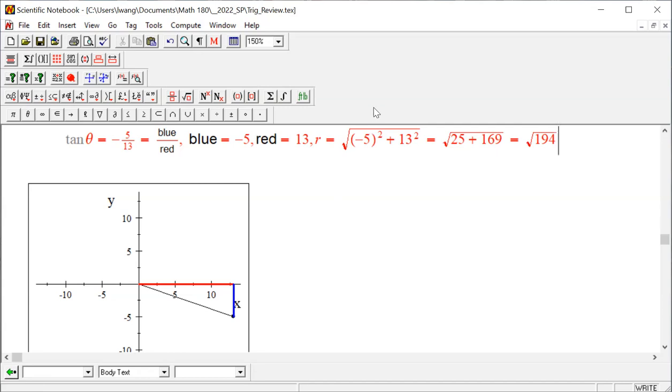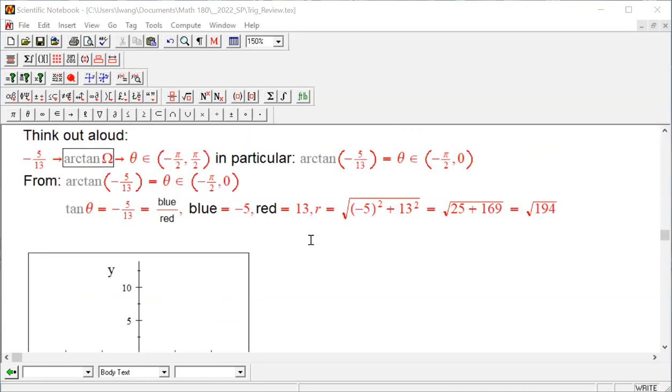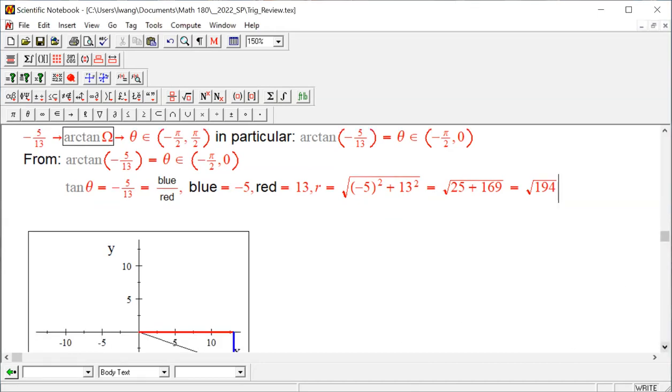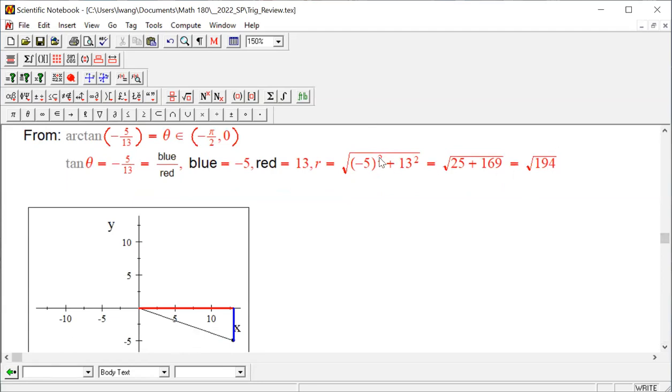So this is a totally not a special case at all. All right, so we found, from tangent theta, that R in the definition is √194.